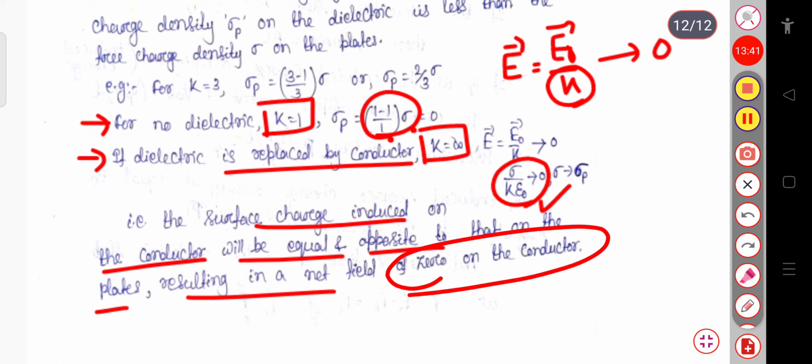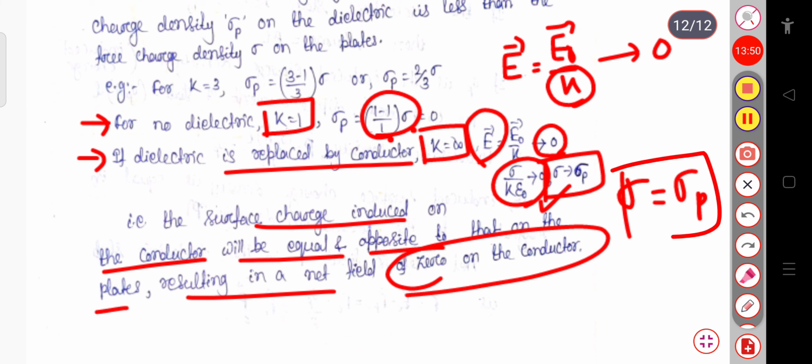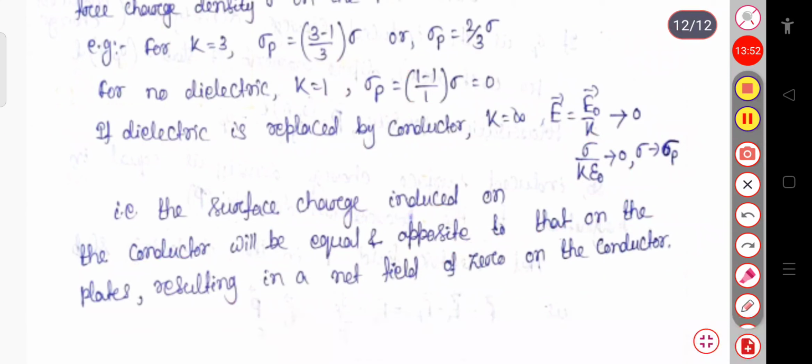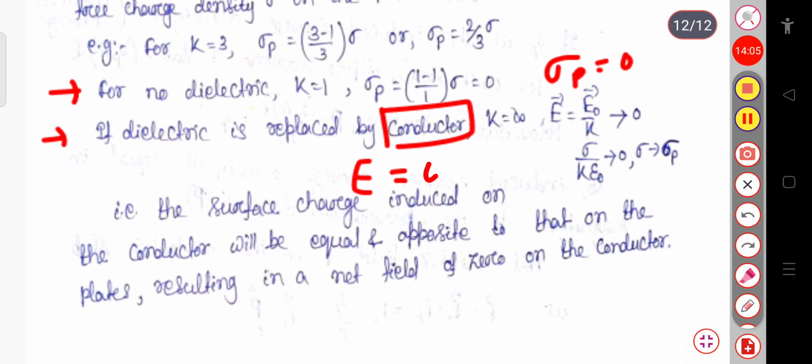So the net field E equals 0, and for the conductor sigma will be equal to sigma p. So we conclude that when there is no dielectric, sigma p will be equal to 0. But if the dielectric is replaced by the conductor, then the net electric field will be 0, and sigma, the surface charge density on the plate, will be equal to the induced surface charge density on the dielectric.